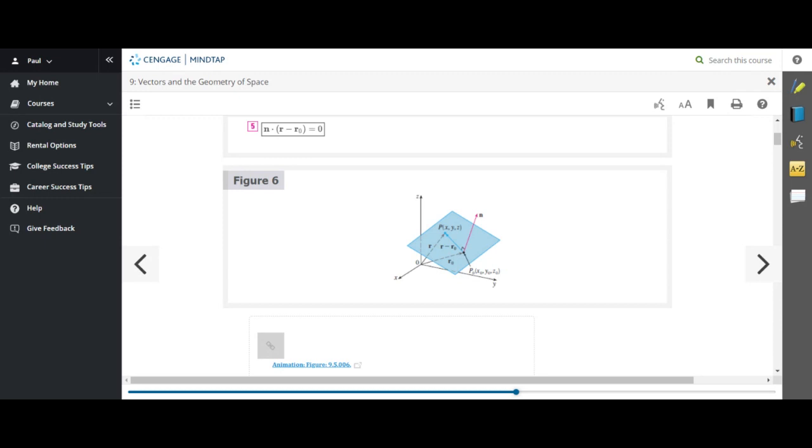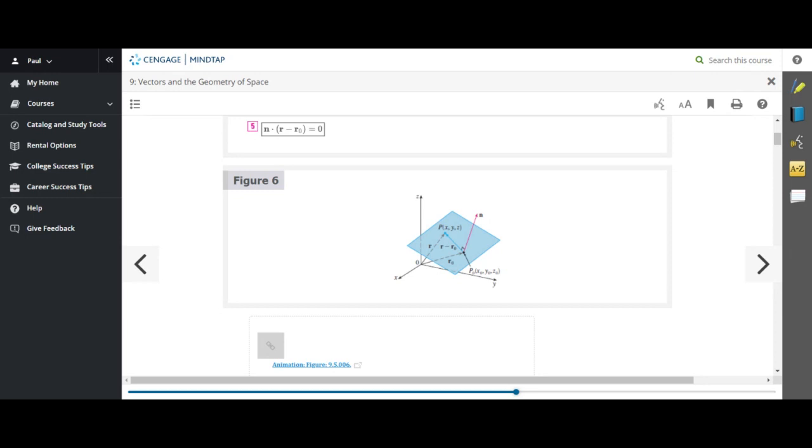Okay, very good, Yeva. By the way, what can you tell me about the dot product between that blue vector, r minus r sub 0, and the normal vector? What's true about the dot product? What must it equal? Since those 2 vectors are perpendicular, that's right, Lexi.